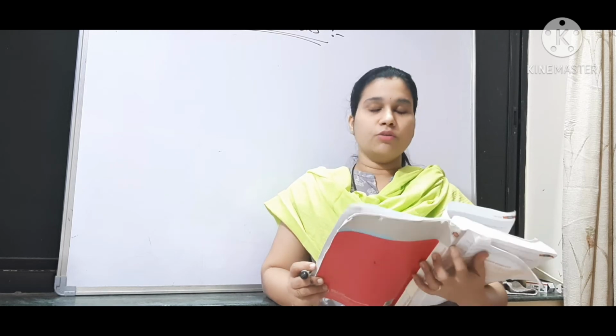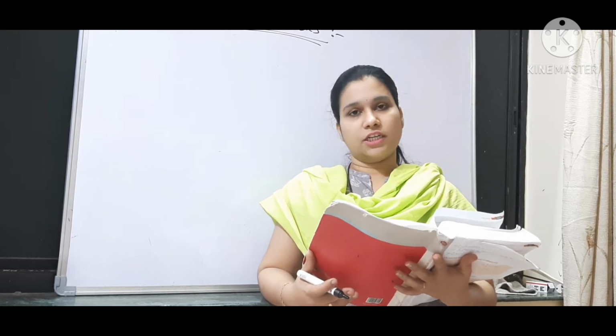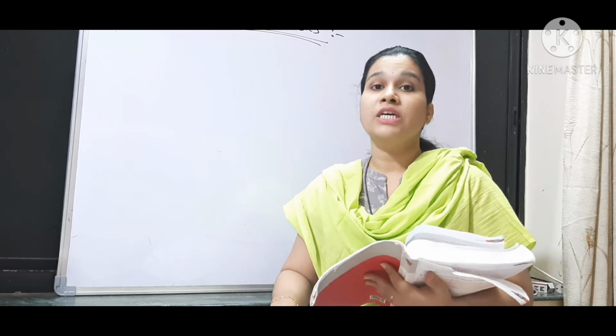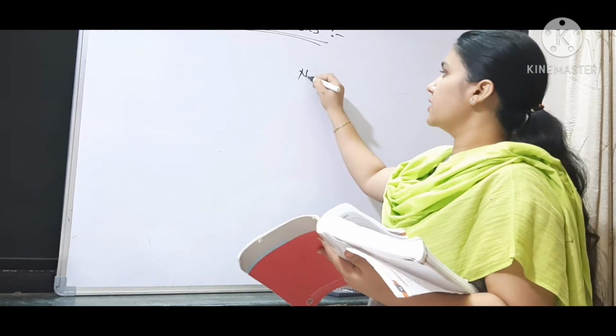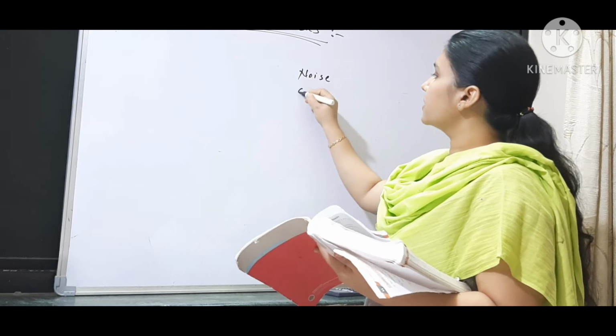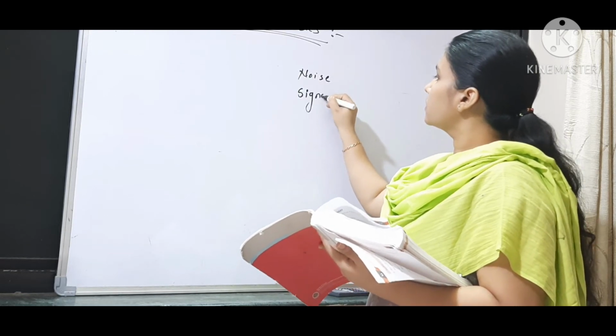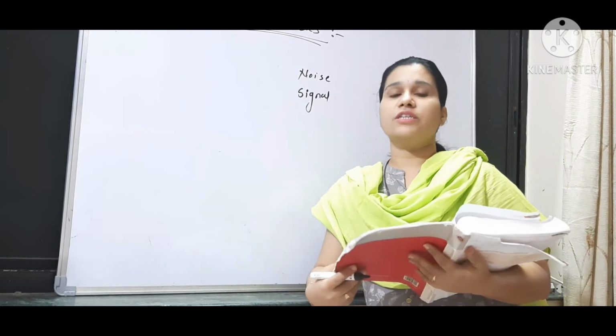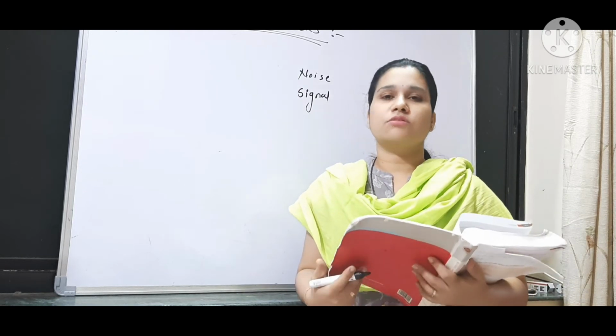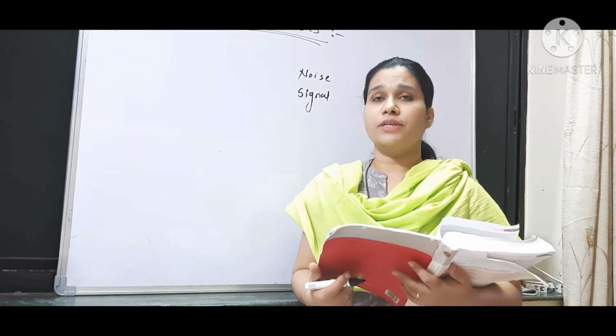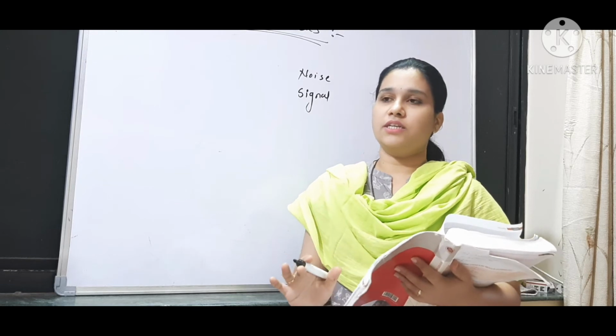Okay, we know that a time series is the collection of data according to time. So here 2 points come which confuse you: noise, N-O-I-S-E, and signal. First, what is signal? A signal can be a sound, a vibration, or any signal.